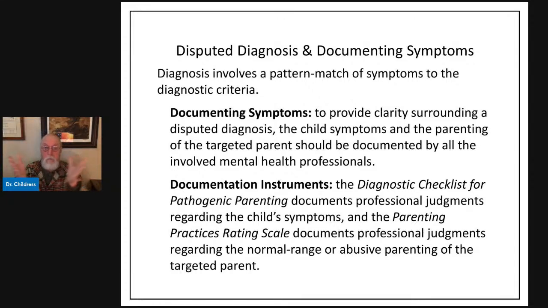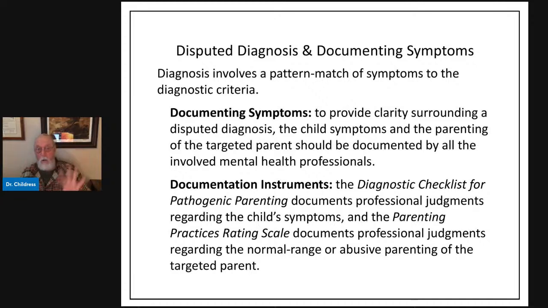Now, I developed 2 instruments that can do this. One is the diagnostic checklist for pathogenic parenting, and that documents the professional judgments regarding the child's symptoms. So every involved mental health professional should complete a diagnostic checklist of pathogenic parenting so we can get clarity on what they're seeing in terms of the child's symptoms. In addition, the parenting practices rating scale documents professional judgments regarding the normal range or abusive range parenting of the targeted parent.